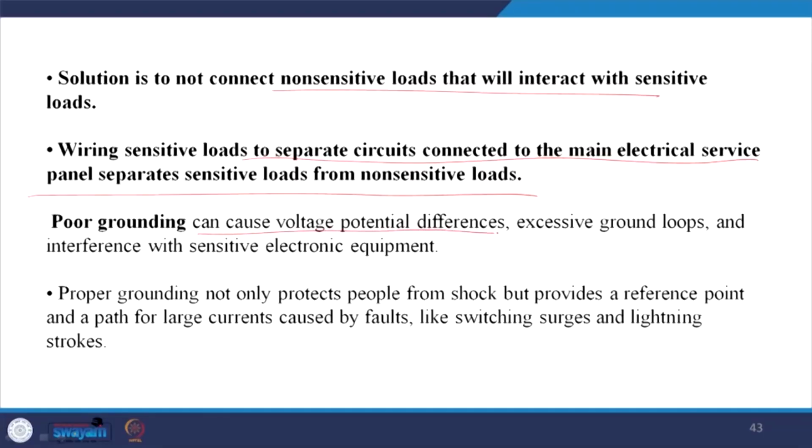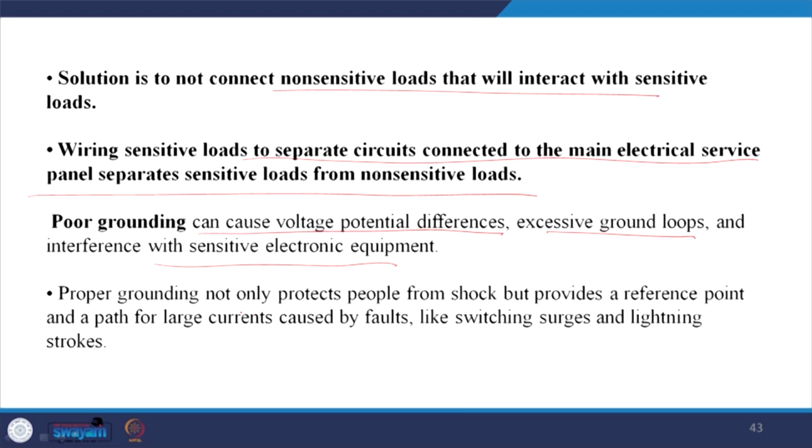Poor grounding can cause voltage and potential difference, excessive ground loops and interference, and it can interfere with the sensitive electronic equipment, mostly the sound system.